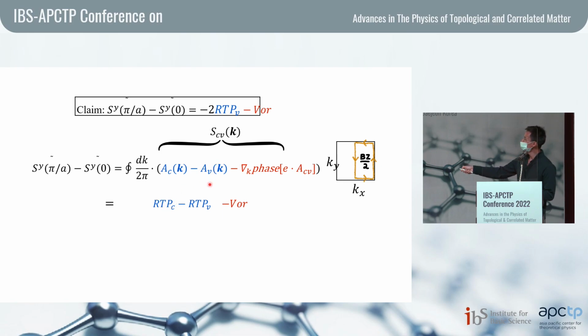The second term gives you the RTP invariant for the valence band. And this third term is just the definition of the vorticity. But we also know that the Berry curvatures of the conduction and the valence band are related by a minus sign. And so RTP of the conduction band equals minus RTP of the valence band. Hence this equality.